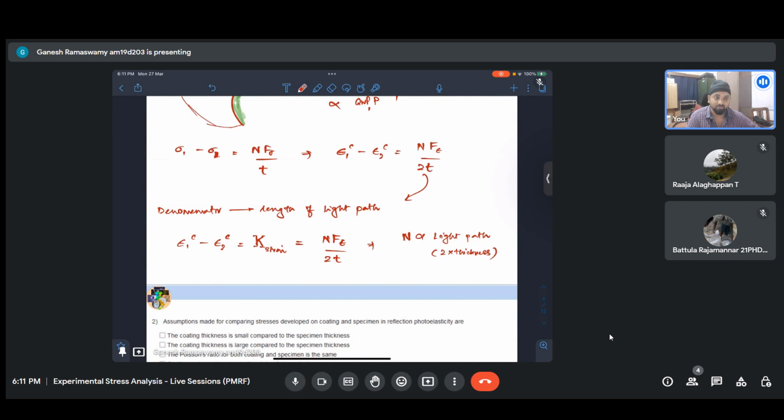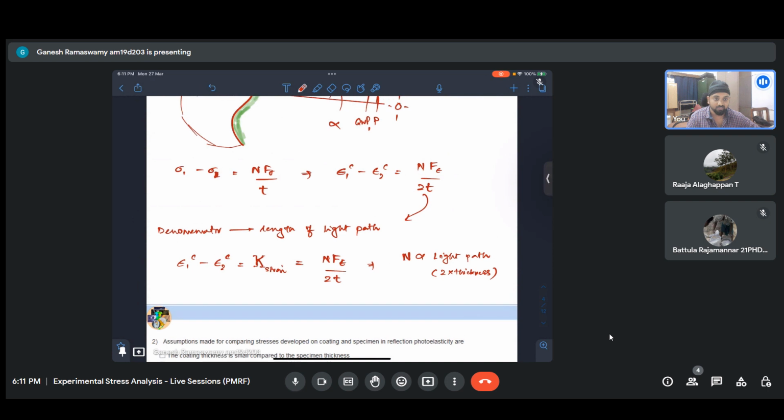But with a thicker coating, other issues start coming in, because the coating should not start reinforcing the specimen material itself. So there is a trade-off between reinforcement provided by the coating and the optical response that is needed. And there are certain other considerations that come as correction factors. So this is what is wanted.